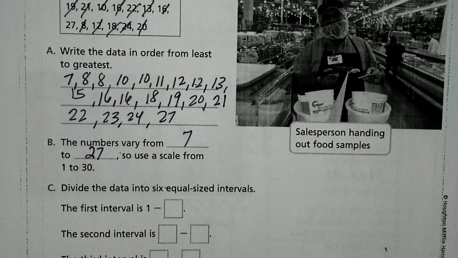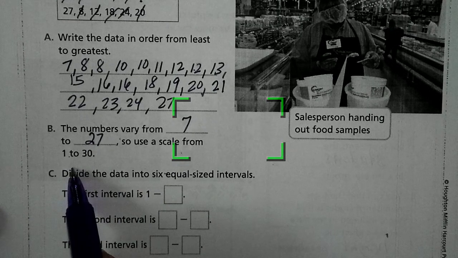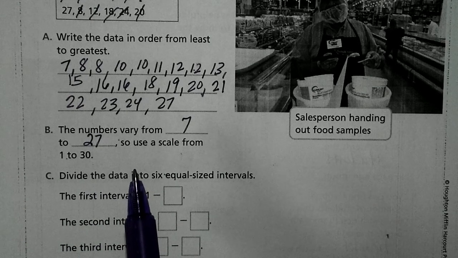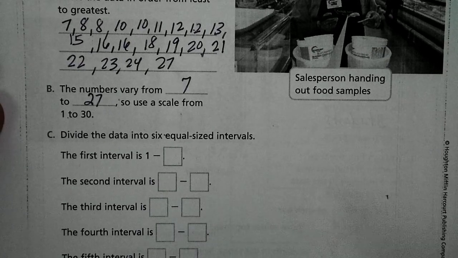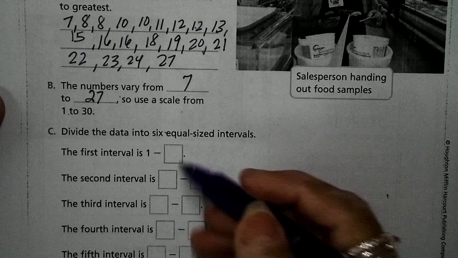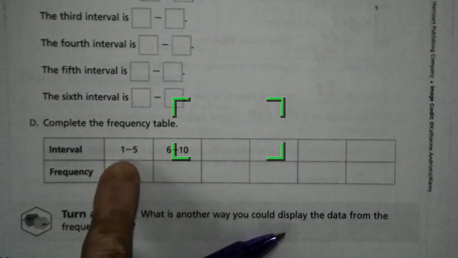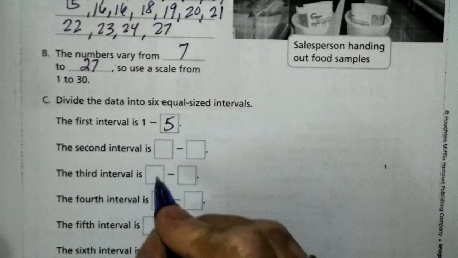All right, and then our intervals, they're telling us we're going to use a scale from 1 to 30, right? So then my intervals would probably be 5. And they tell you that kind of down here in the frequency table. Right? All right, so we're going to go from 1 to 5.